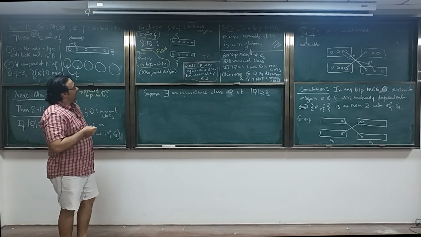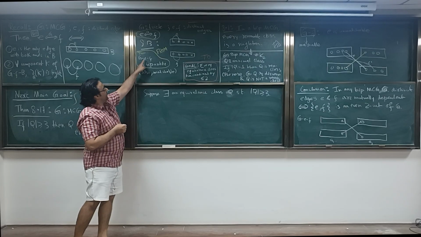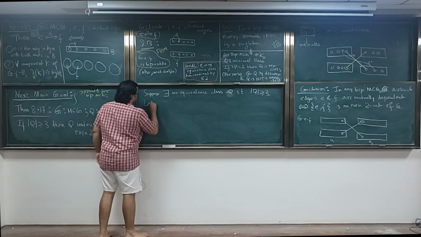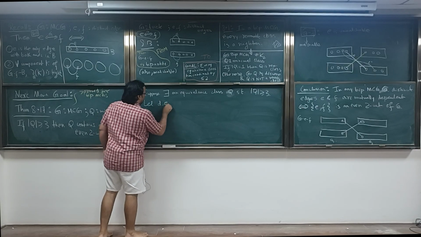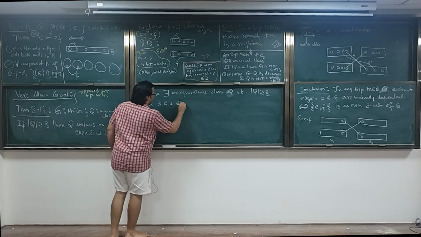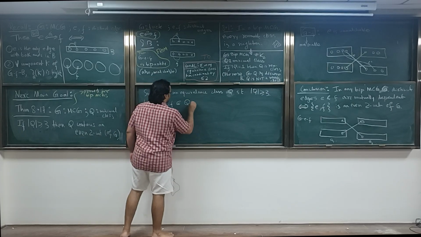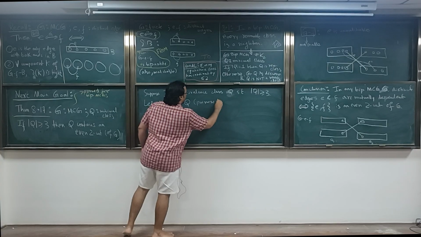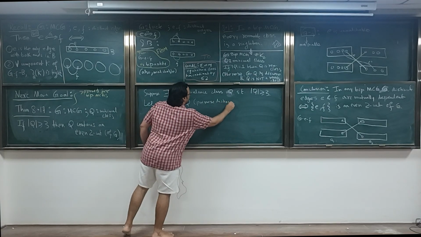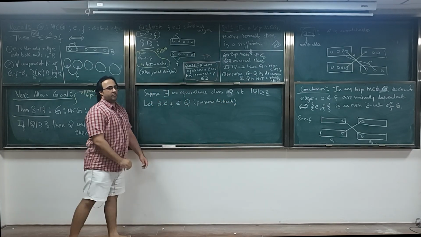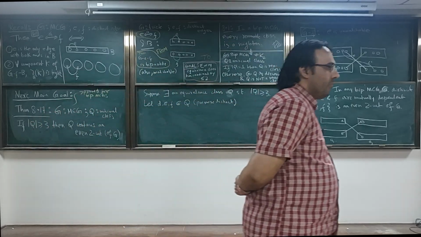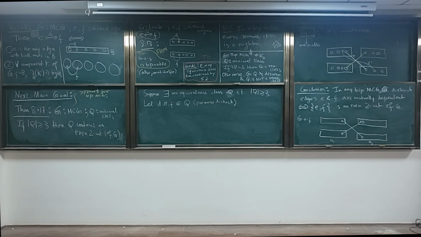I don't know what to do, but if I have two mutually dependent edges, then I can do something. So let me say D, E and F are distinct members of Q. Supposing I take 3 distinct members of Q. Now for each pair, I can apply what I know.